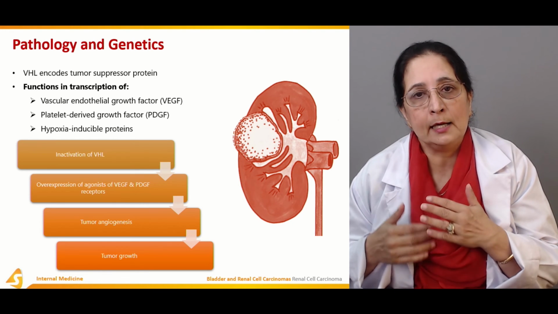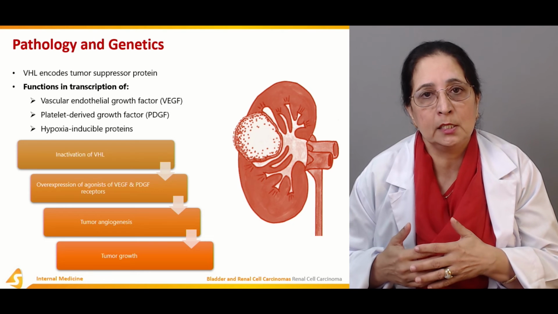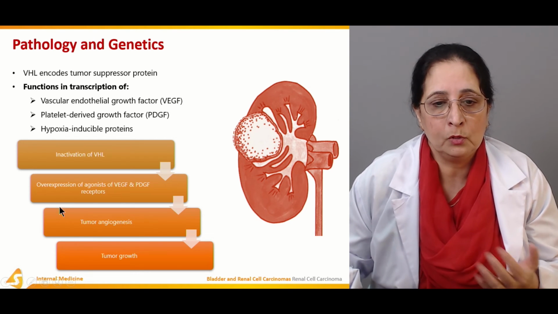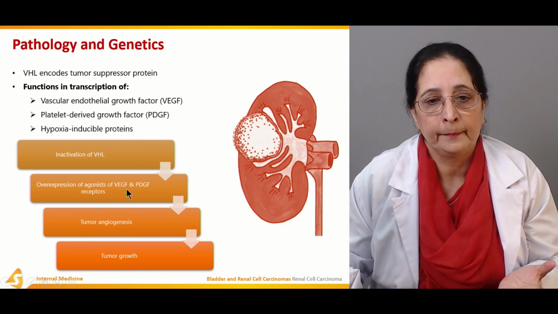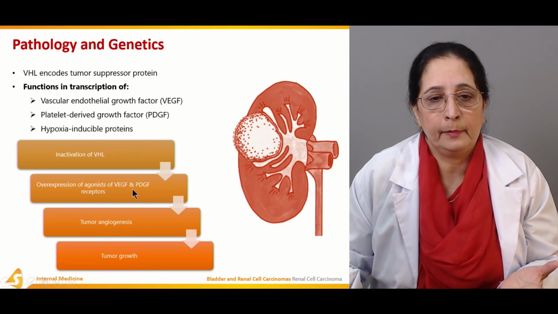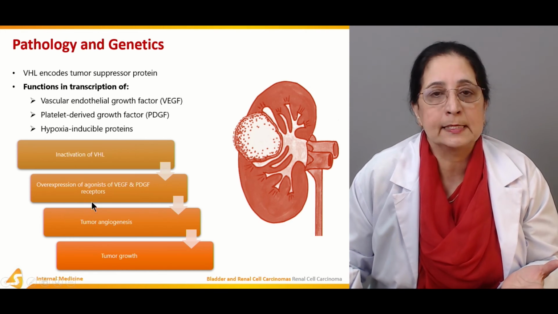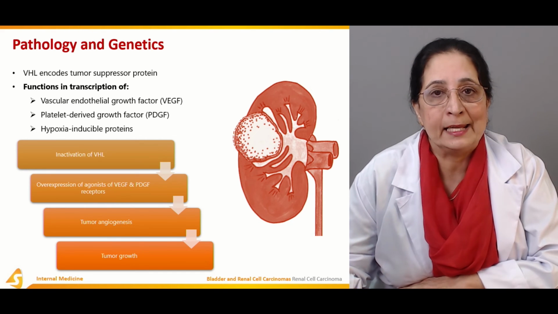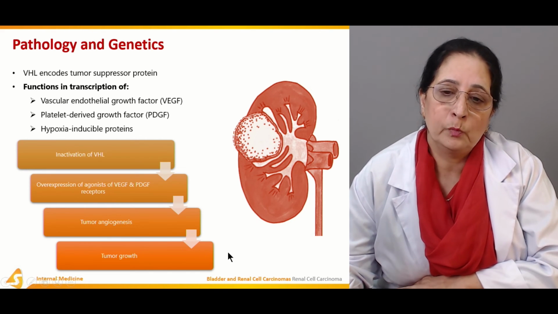When that tumor suppressor protein is not working, it can lead to changes, including overexpression of vascular endothelial growth factor and platelet-derived growth factor receptors, and this can cause tumor angiogenesis and then tumor growth.